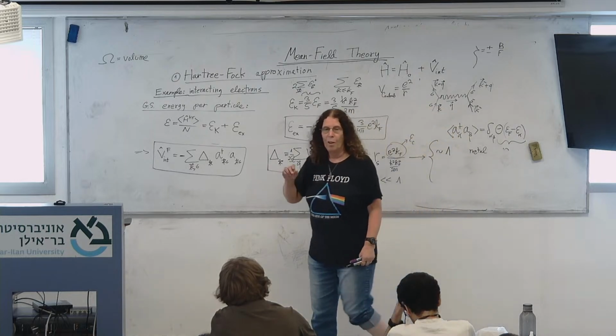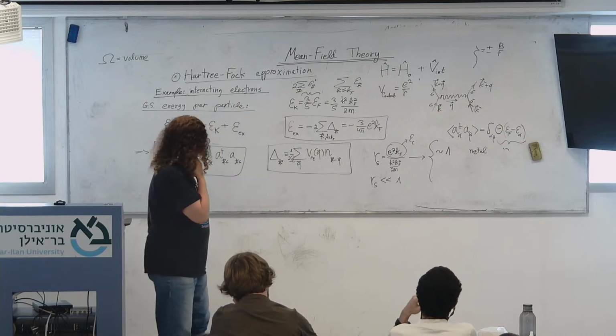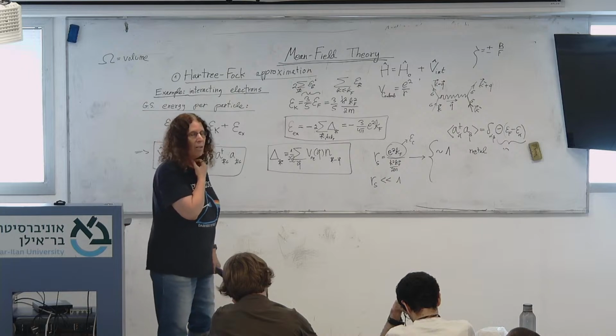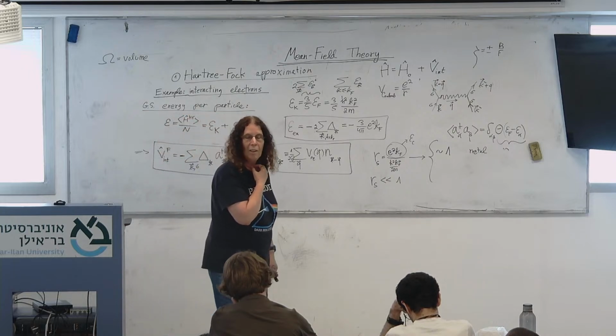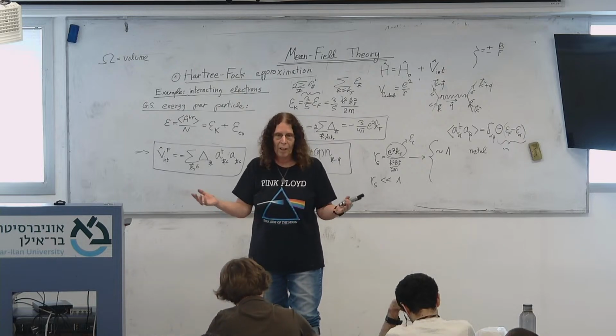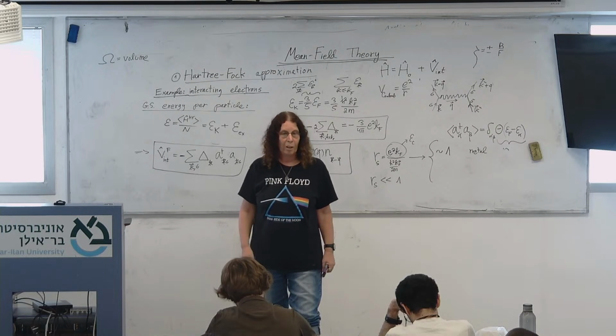If Rs is not small, the interaction energy wins, and it creates a so-called Wigner crystal, where the electrons, instead of forming a fluid or a gas with a bit of interaction, form a crystal.